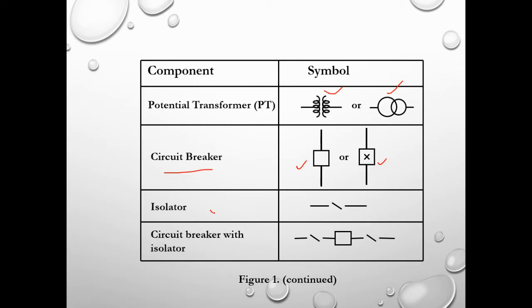And then the isolator, a simple switch, for example, or we can have a combination of both, a circuit breaker with isolator. So in between we have the CB or the circuit breaker and the isolator switches at the side of this circuit breaker.